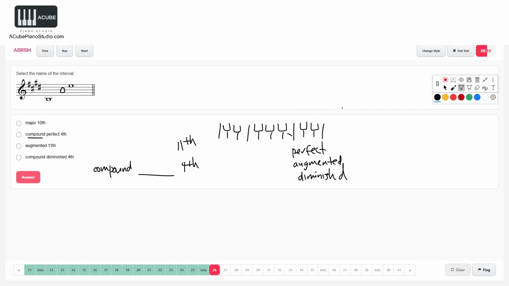So you have B and E. If you look at your key signature chart for your major and minor keys, B major has F sharp, C sharp, G sharp, D sharp, A sharp. E is just E. So B major has E, and this is exactly what we have. So when we have the notes in a major scale, then it is either perfect if it's fourth or fifth or eighth, or the compounds of them, or major for the rest. So therefore this is a compound perfect fourth.